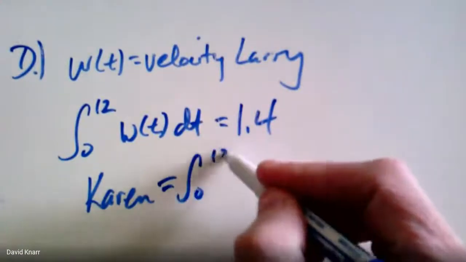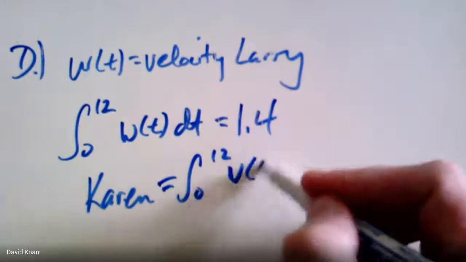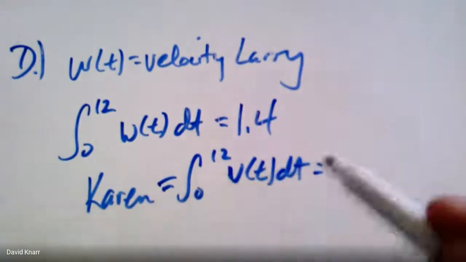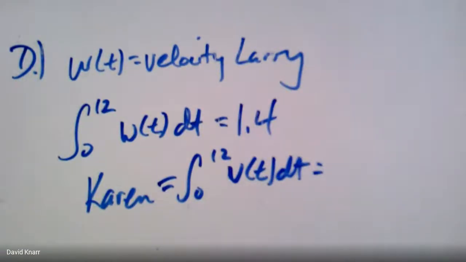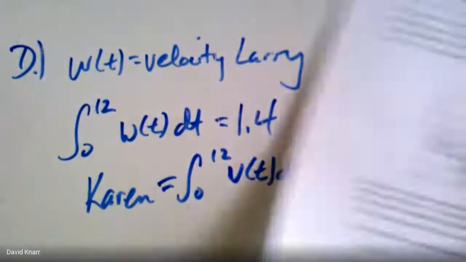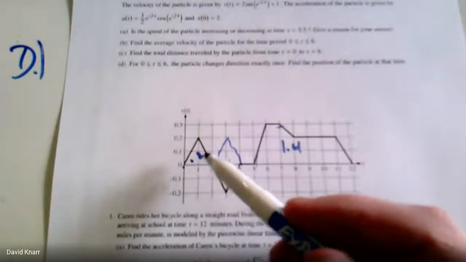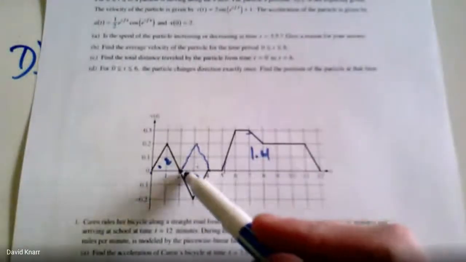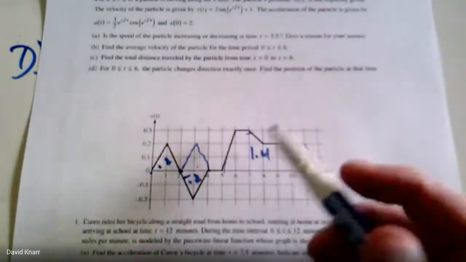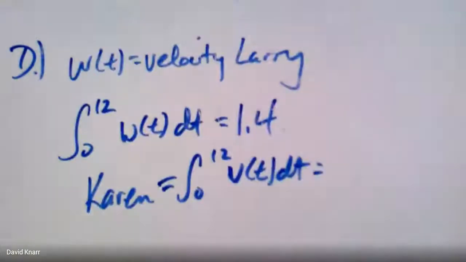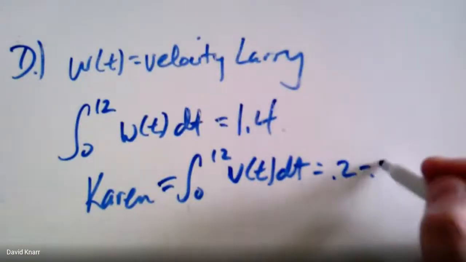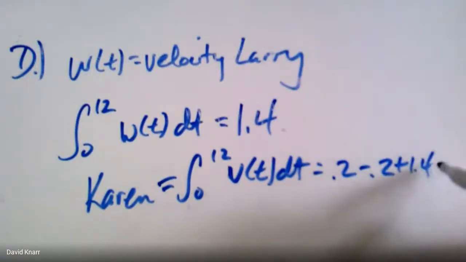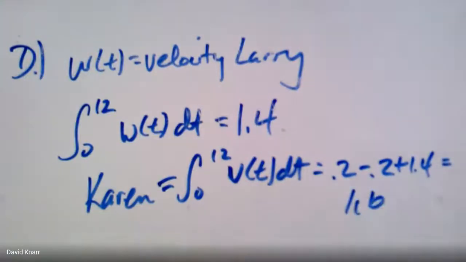You'd have to integrate from 0 to 12 V of t dt. Given the rate, you integrate, you get the total. So to integrate V of t, I have to find the area under the curve. So I have 0.2, a negative 0.2 underneath, and a 1.4. 0.2 minus 0.2 plus 1.4 is 1.6.